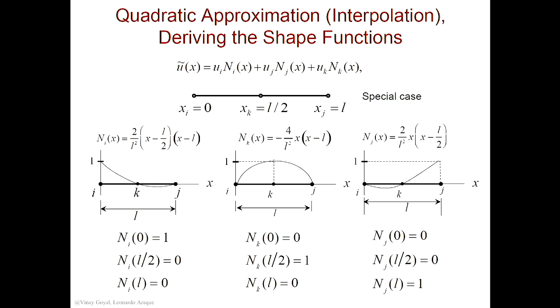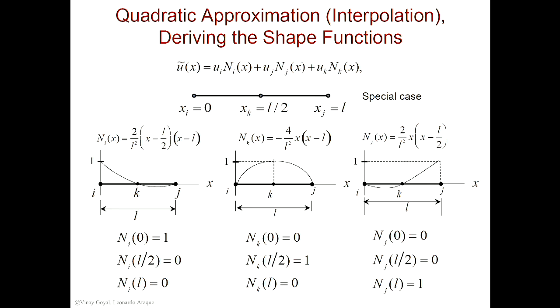So let's look at what's going on here a little bit more carefully. Let's take an example now with xi is 0, xj is L, and then I'll take a middle node, xk equals L half. If I take this example and plot the first one, you can see that it starts at 1, and it goes to 0 at the middle, and then goes to 0 here. That makes sense.